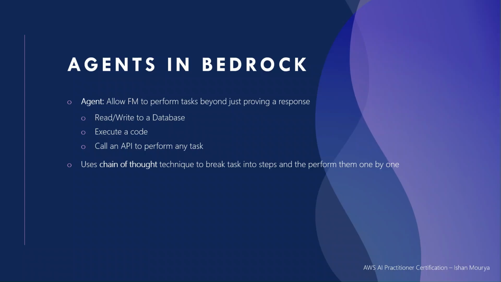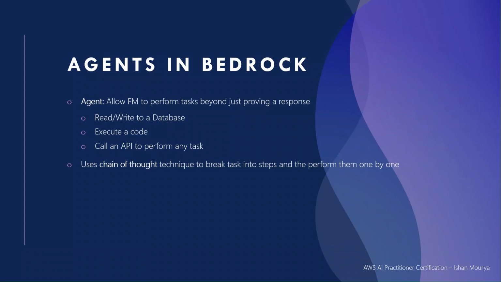Then the next task would be it should first validate if it's a valid order ID. So for that, it has to connect to the database. It has to read the database. In the database, there would be an orders table. There it would be finding the order ID and checking if that order ID exists.